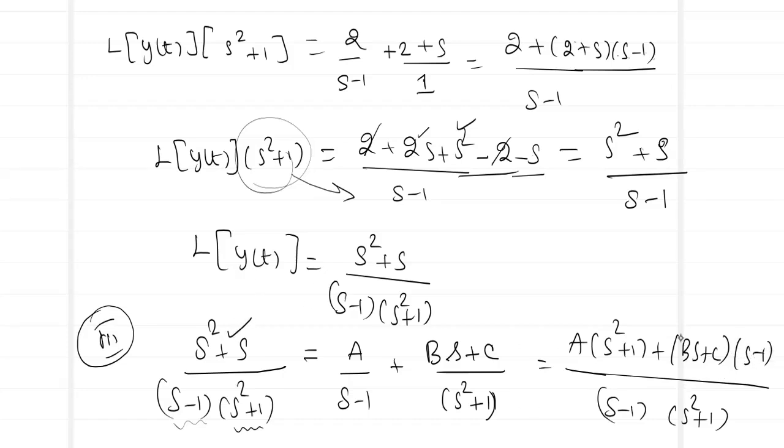Compare the numerators over here for the first and the last term. Since the denominators are the same, I can equate the numerators. Hence, I have s square plus s to be a times of s square plus 1 plus bs plus c times of s minus 1.